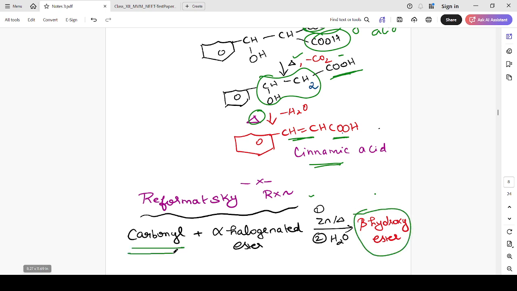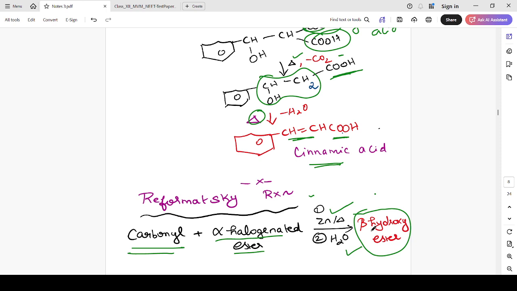I take a carbonyl, I want to convert it into beta hydroxy ester. You can use Reformatsky reaction here. To this we use alpha halogenated ester, zinc upon heating, followed by hydrolysis.